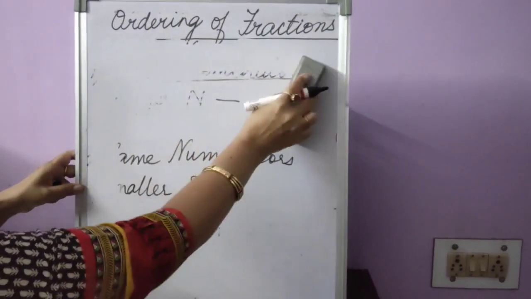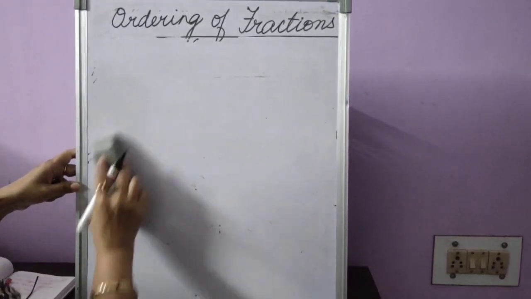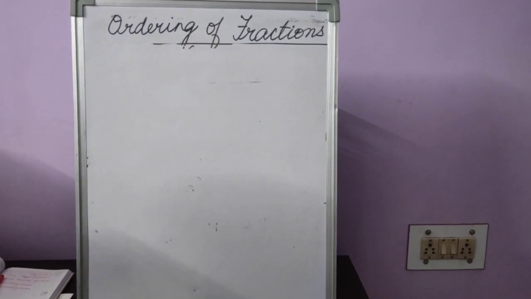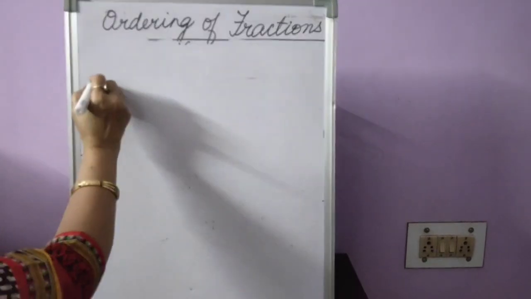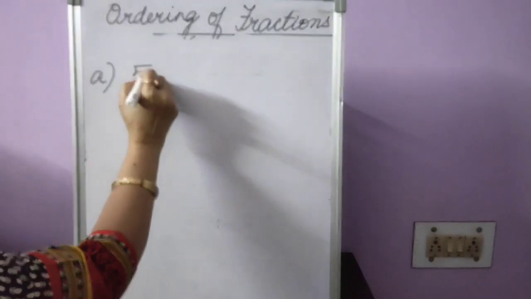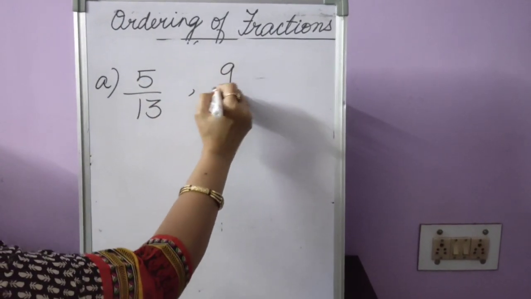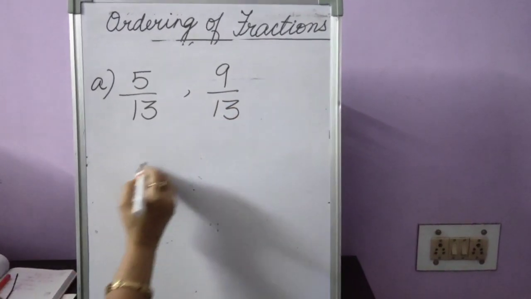Now, let us look at some examples. So, when we look at the examples, things will become very clear to you. For example, if you have to just put a circle around the bigger fraction. Now, I'll give you 2-3 examples over here. Here I have 5 upon 13 and 9 upon 13.